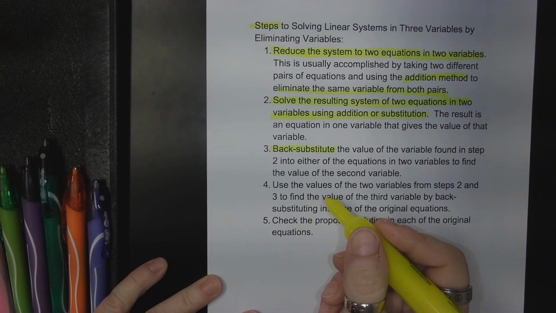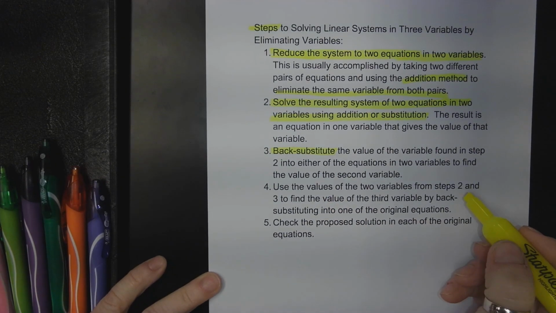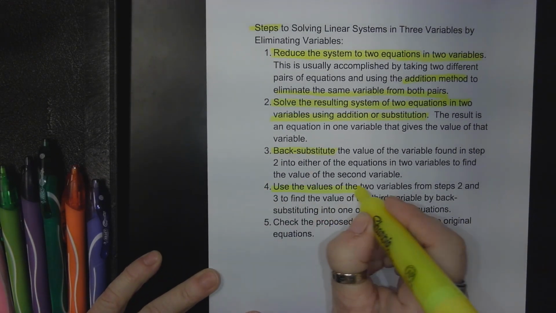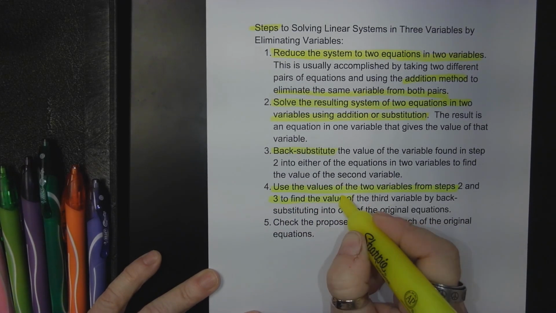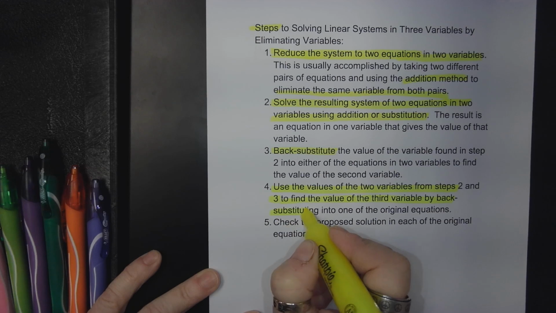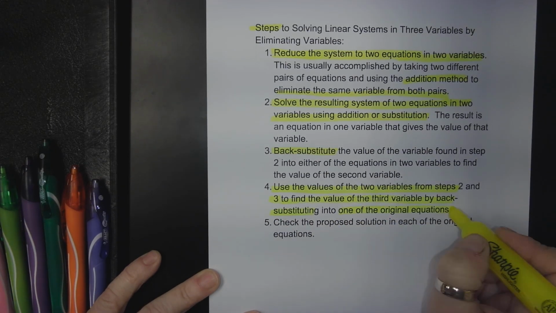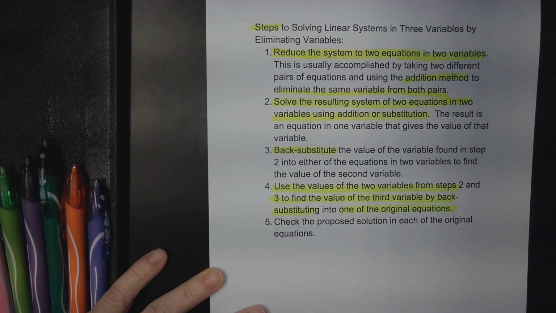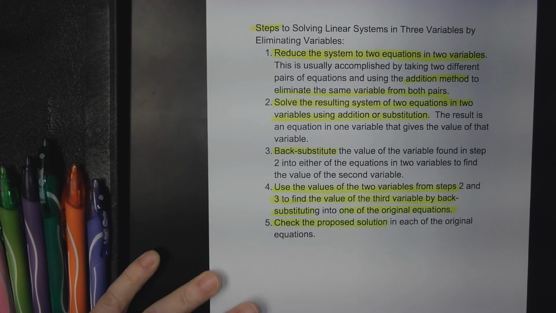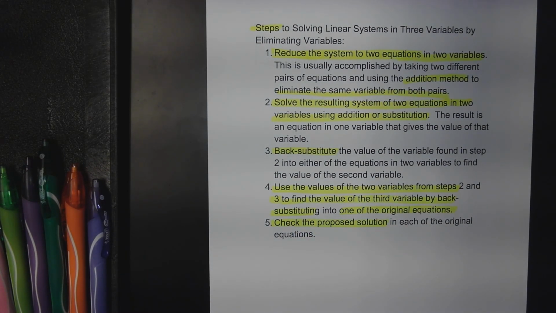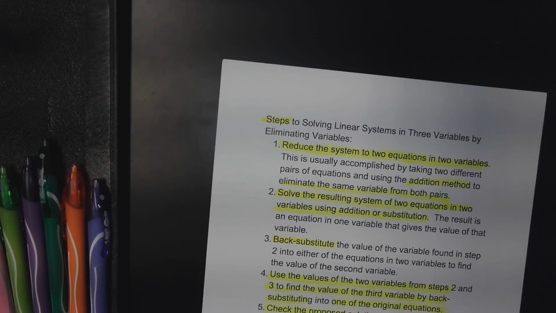Number 4, we're going to use the values of the 2 variables from steps 2 and 3 to find the value of the third variable by back substituting into one of the original equations. Number 5, as always, we check the proposed solution. So those are our 5 steps. So let's do one.